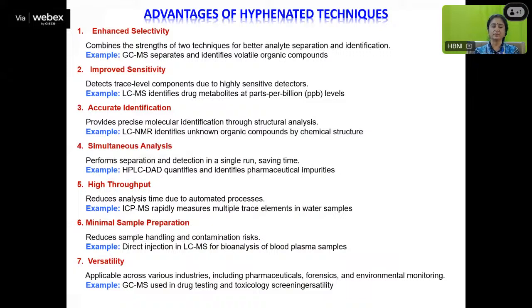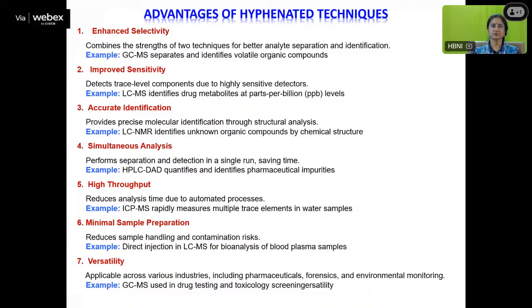You must be aware of ppb and ppm, the various concentration units for analyte concentration, covered widely in your first lecture. Then accurate identification: this provides precise molecular identification through structural analysis. An example is LC-NMR, which identifies unknown organic compounds by chemical structure.